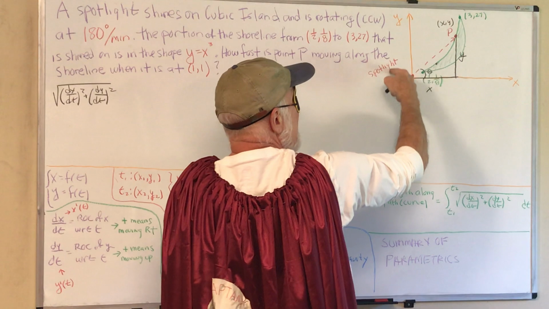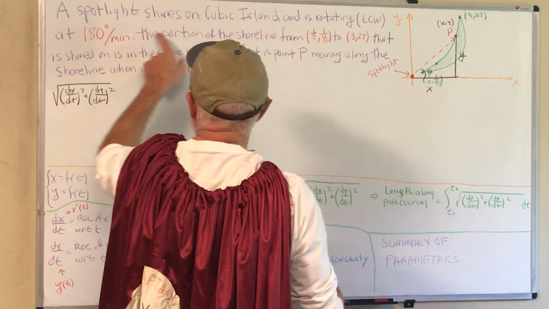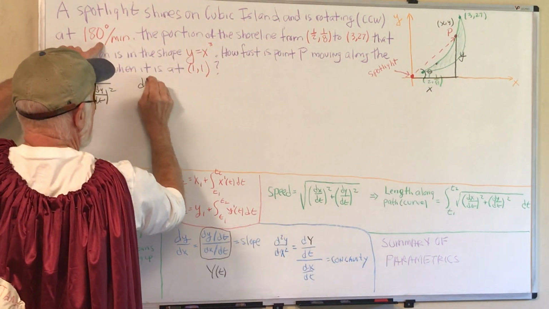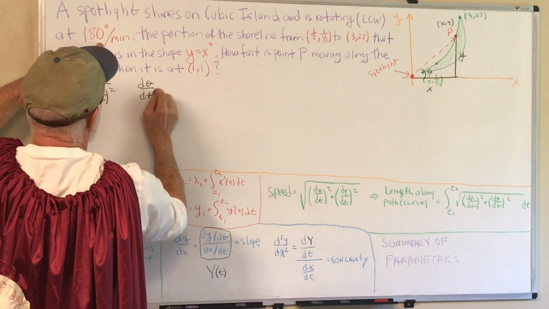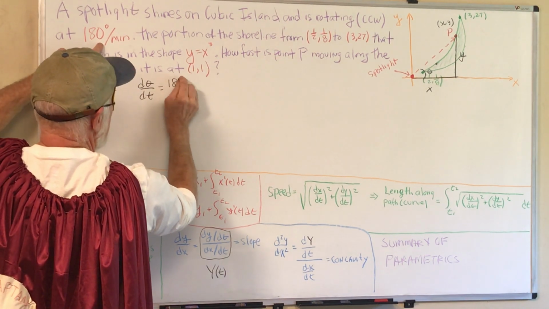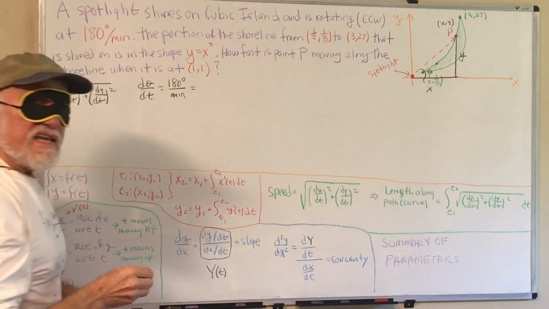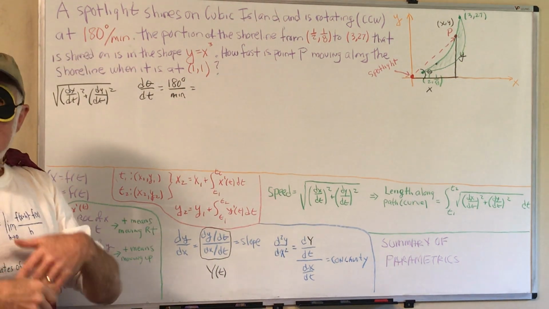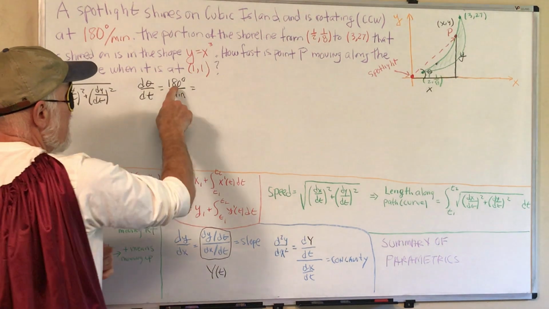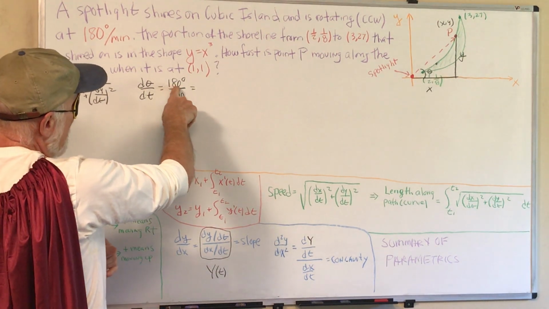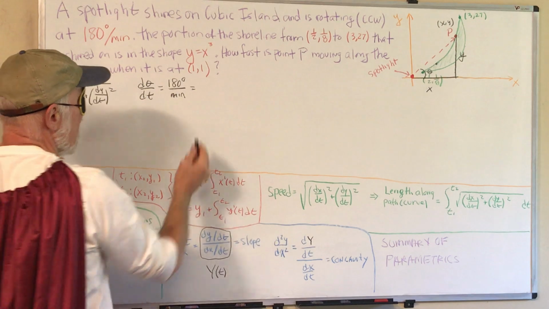And we know theta is changing at that rate, so I can write d theta/dt is 180 degrees per minute. But knowing that we're working in calculus, we know we have to use radians and not degrees. So 180 degrees is pi radians.